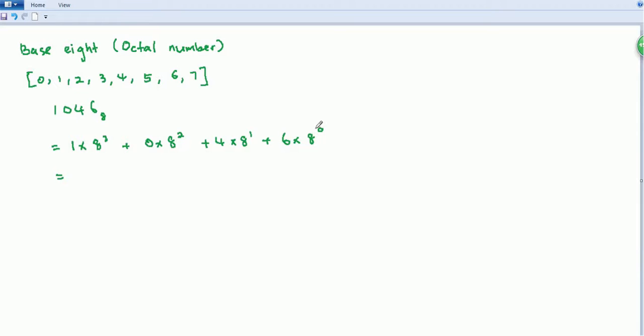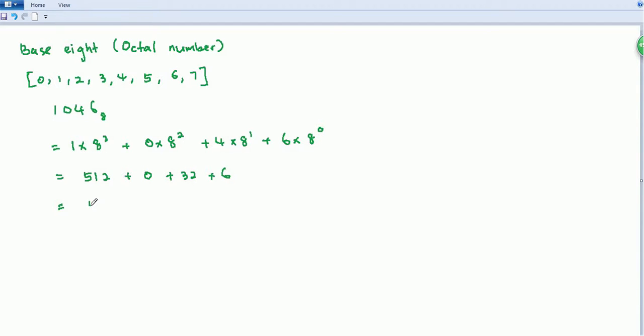So we double check: 0, 1, 2, 3. Okay, correct. This one you just calculate by using a calculator: 512, 0, 32, and 6. Remember, 8 to the power of 0 is equal to 1. Just calculate the sum of these numbers.